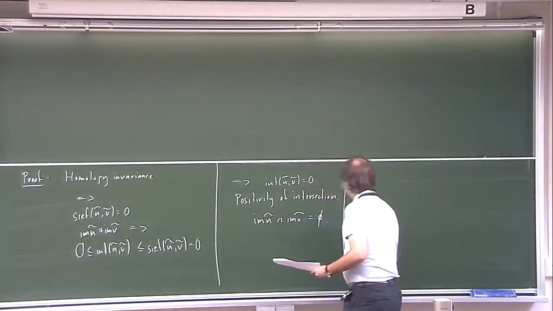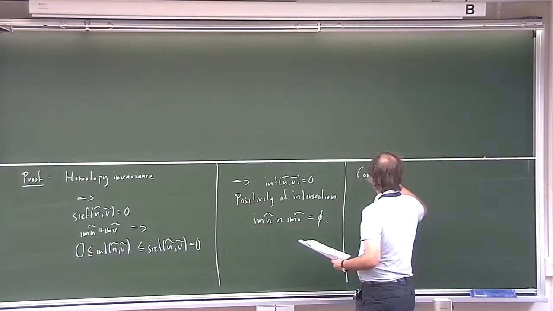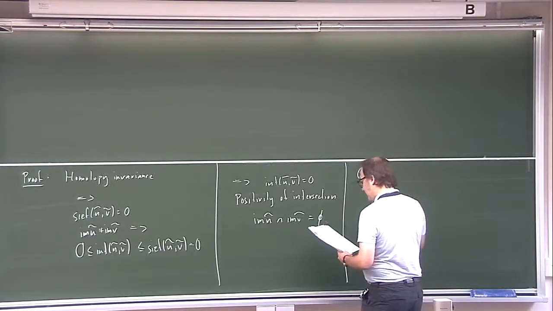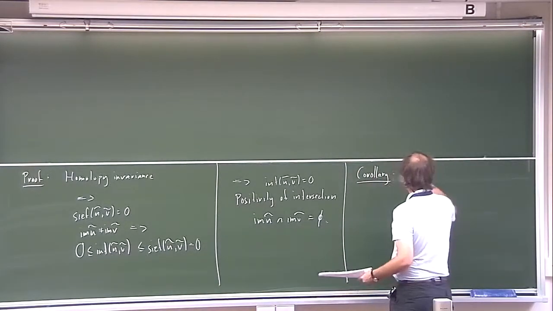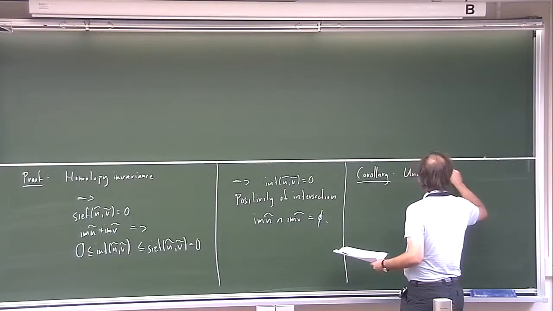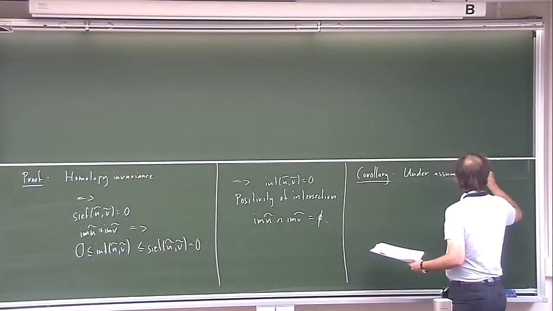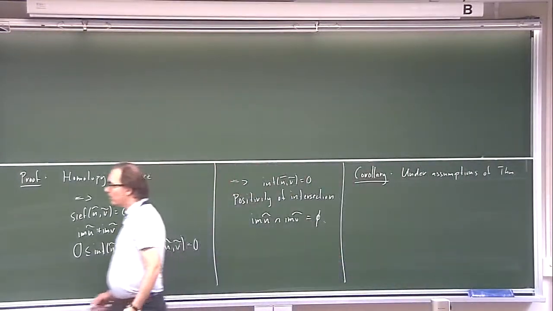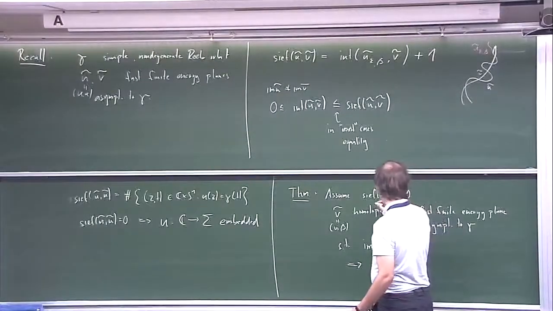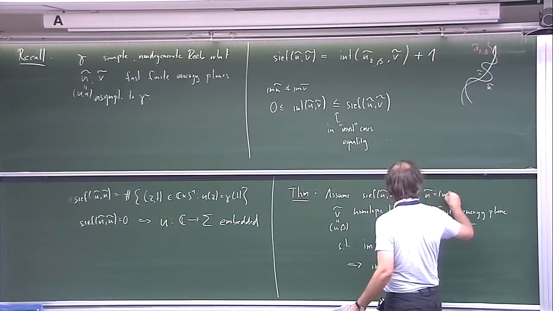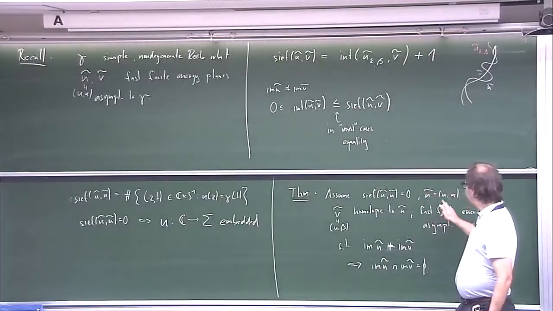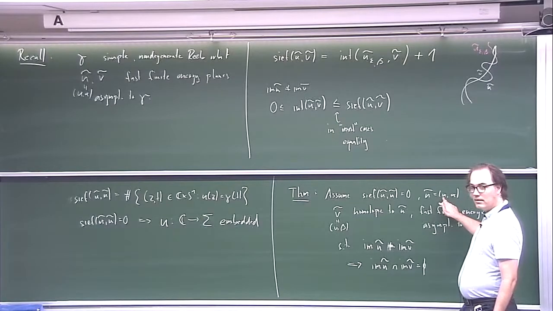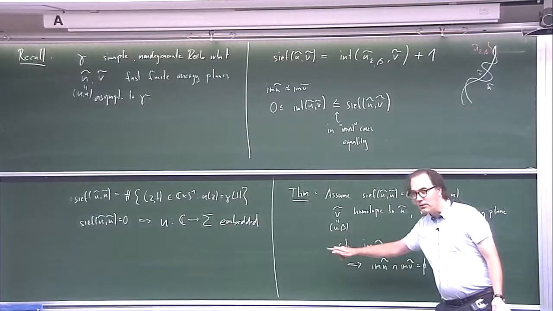And as a corollary of this theorem, under the assumptions of the theorem, assume in addition that ũ is (u, a), where u is just the sigma part, and now assume that the images of u and v don't coincide.